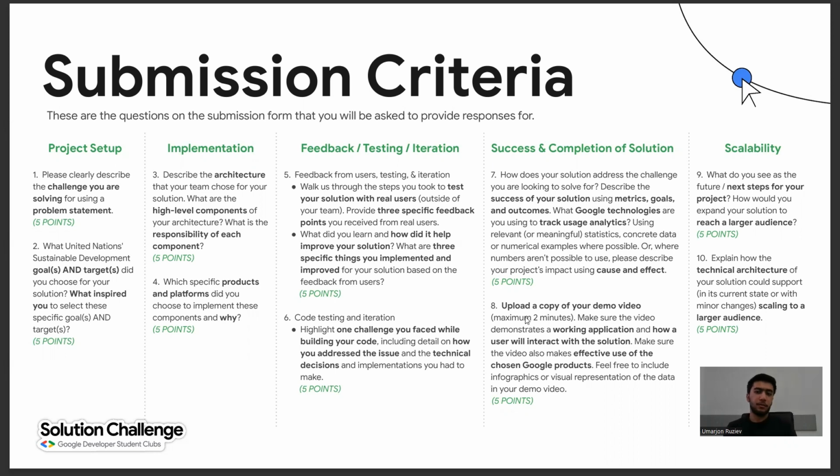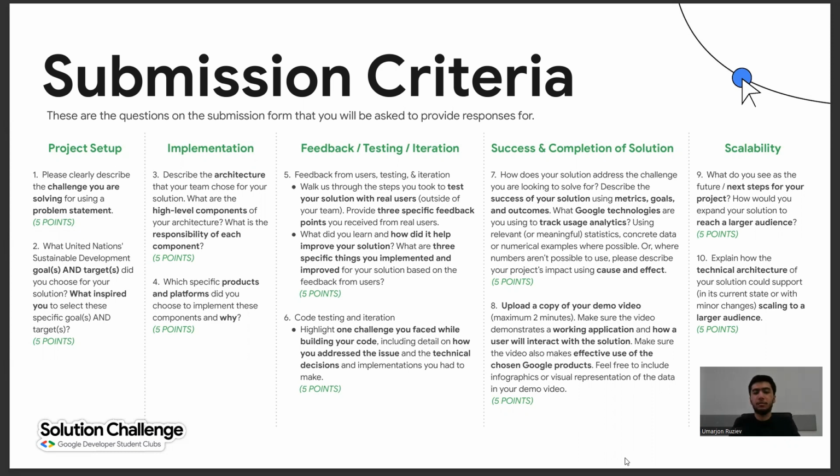Then you have to upload a copy of your demo video. It needs to be a maximum of 2 minutes. Make sure that the video demonstrates a working application and how the user will interact with the solution. Make sure the video also makes effective use of your chosen Google products.